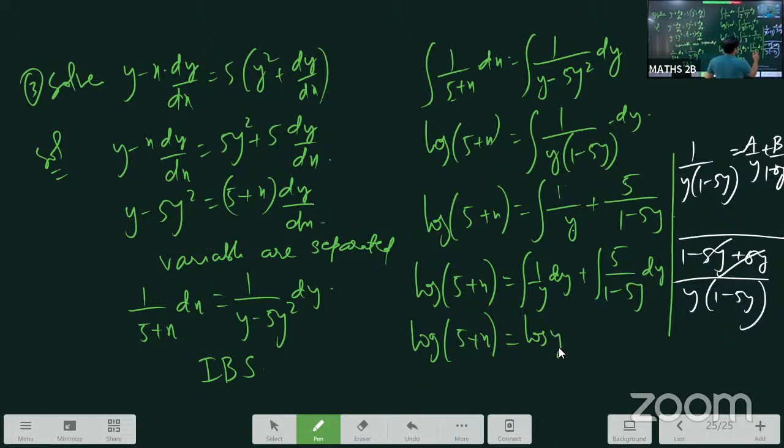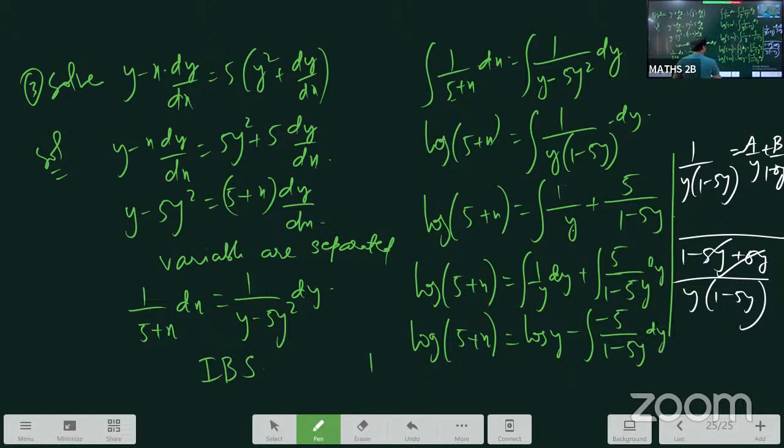Here the derivative of the denominator 1 minus 5y is minus 5, but I'm having plus 5. So put minus outside and minus 5 by 1 minus 5y. Is it clear? That is nothing but its dy.